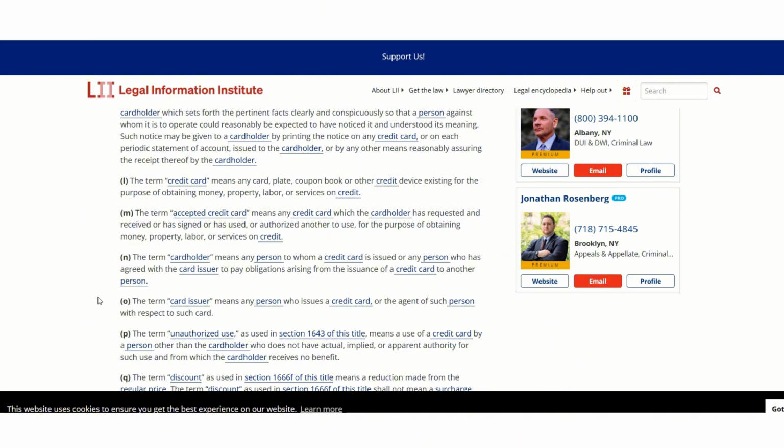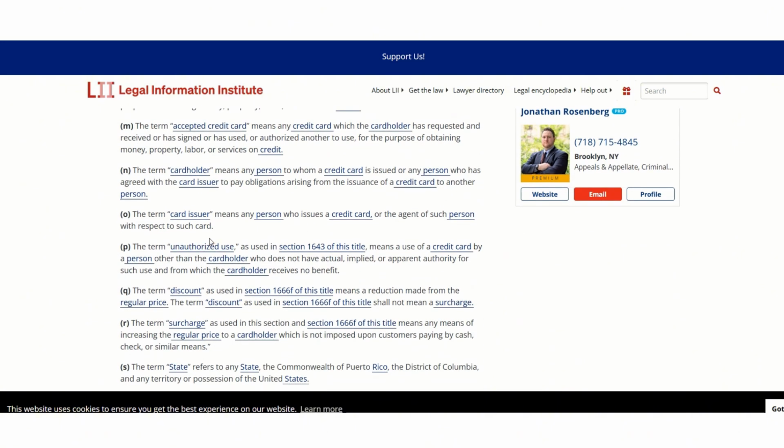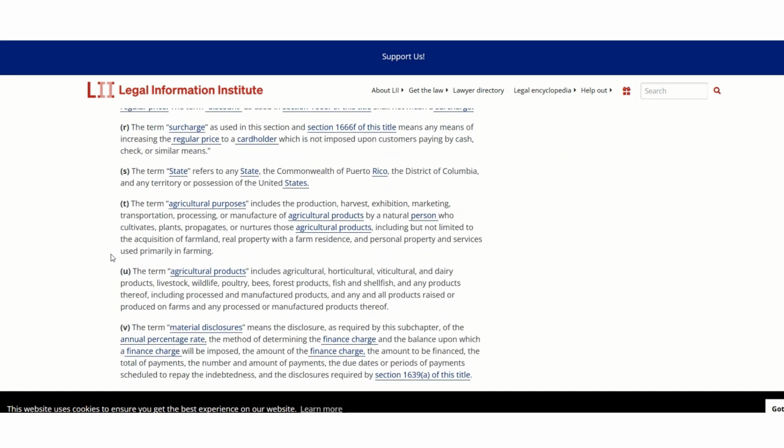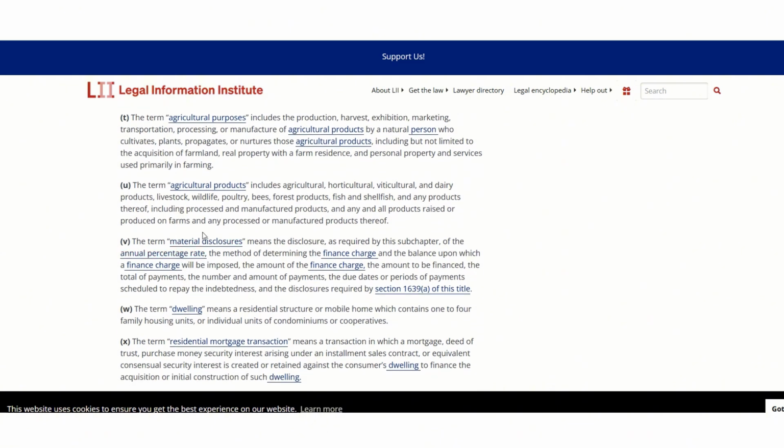All right. And unauthorized use of this card will be use by someone who doesn't have authority for such use and from which the cardholder, which is you, receives no benefit, right? Gotta understand that. All right, let's continue. Material disclosures, right?